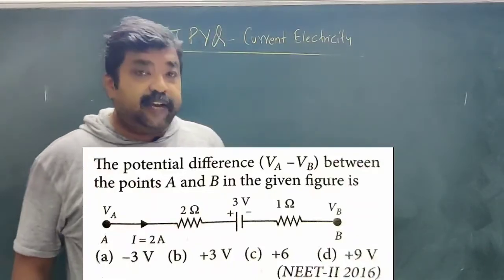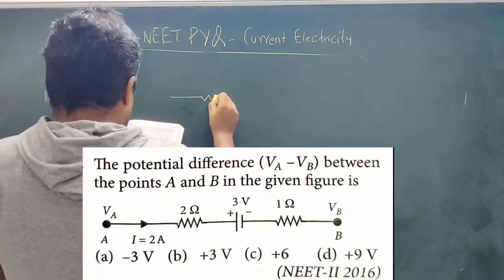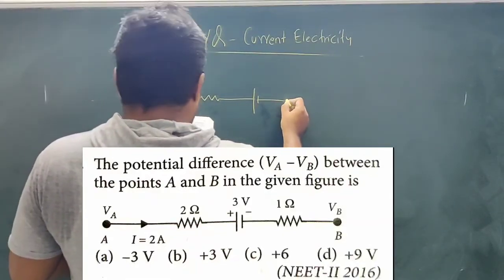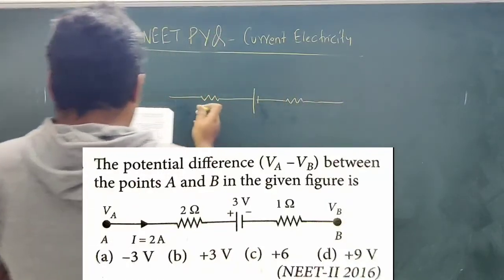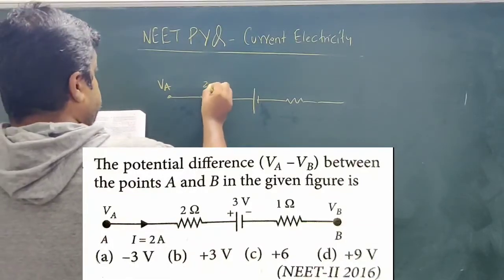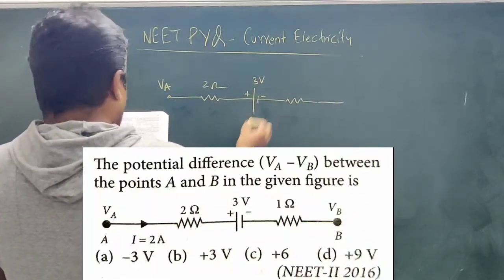So next we have a question based on circuit. This is the circuit consisting of cells and resistors. This point is at potential VA. This is 2 ohm. This is 3 volt, high potential, low potential.